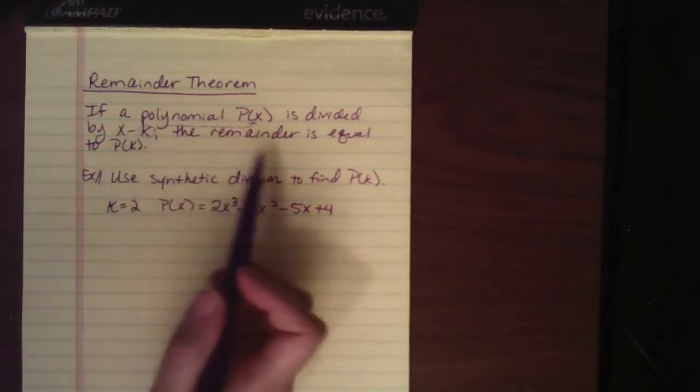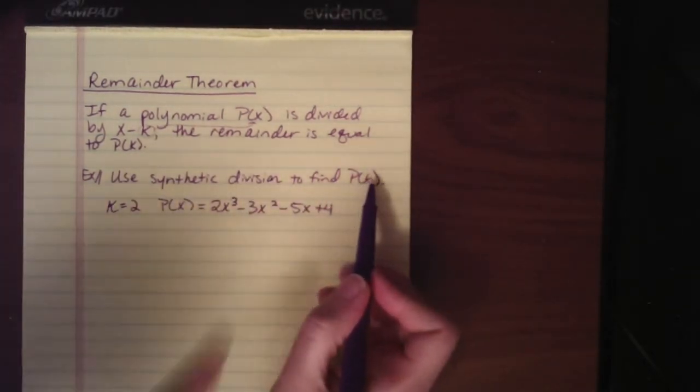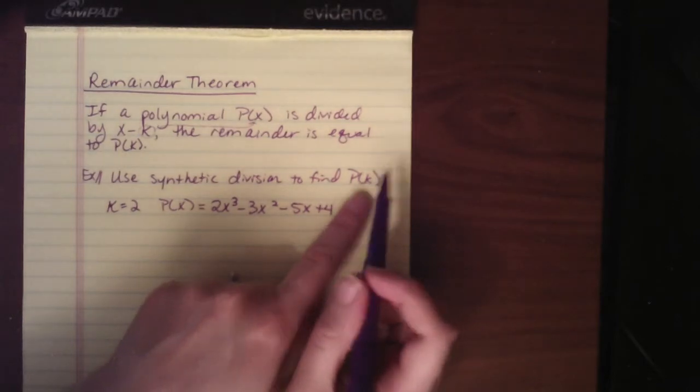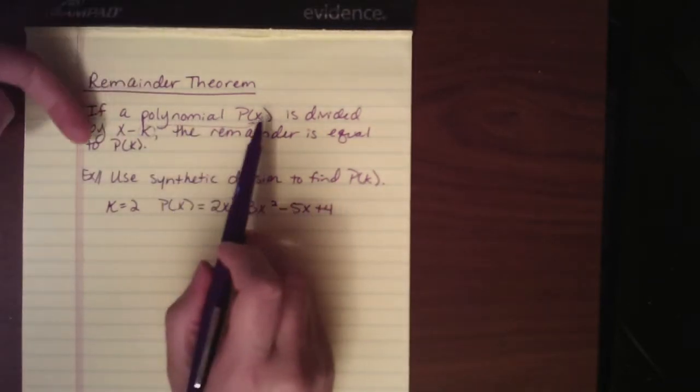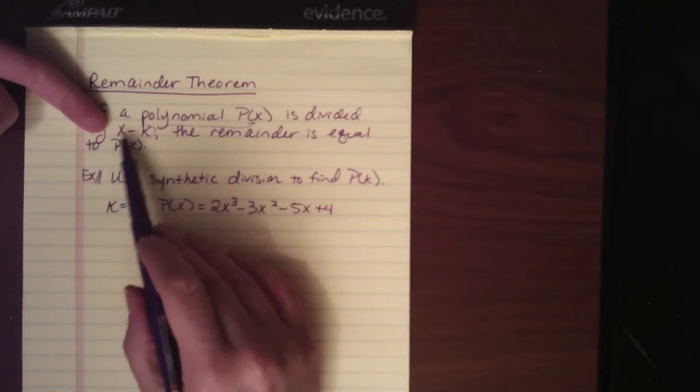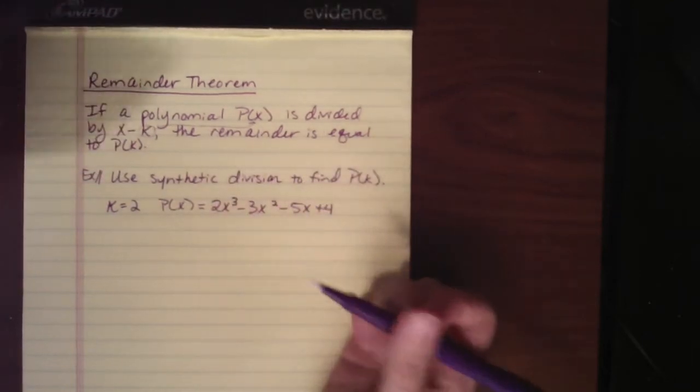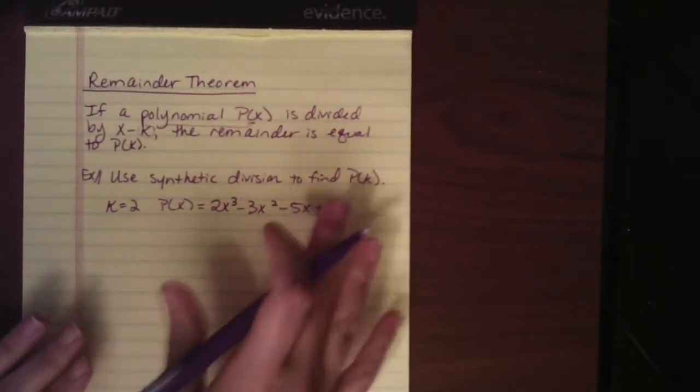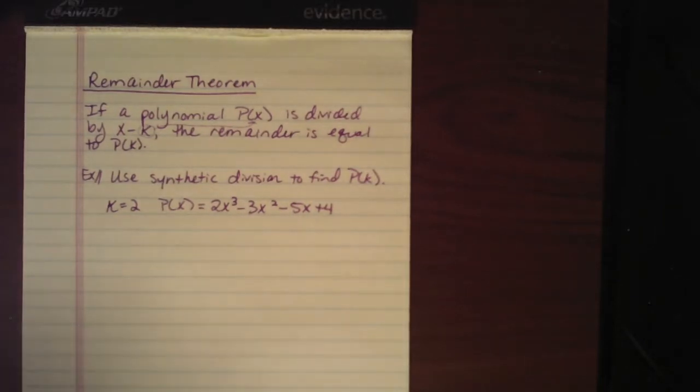Well, according to our remainder theorem, if we want to find p of k, that's equivalent to dividing the polynomial by x minus k and finding the remainder. Whatever that remainder is, that's going to be equal to p of k.